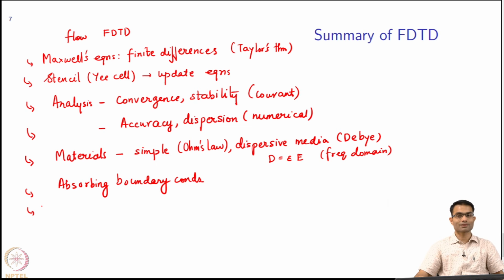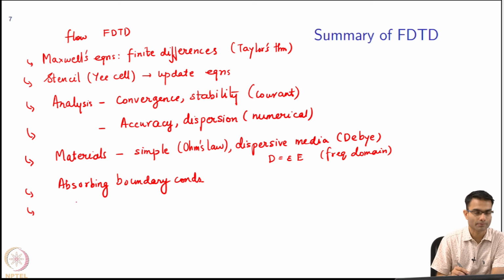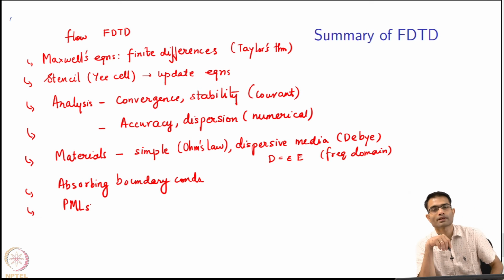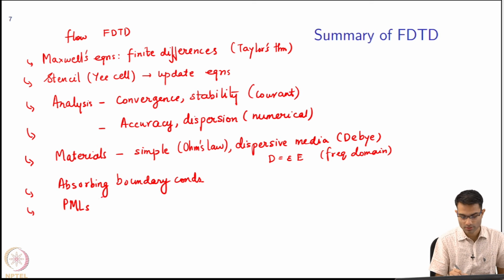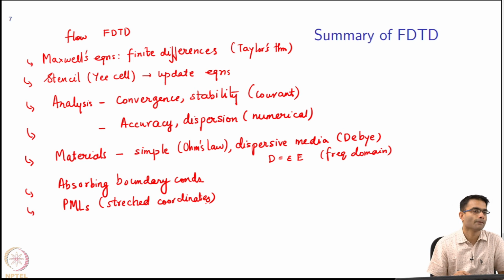For example, evanescent waves are not absorbed by an ABC. So, the remedy was perfectly matched layers, right. So, we looked at PMLs, we looked at the theory via stretched coordinates, right. And then we looked at the implementation in FDTD.